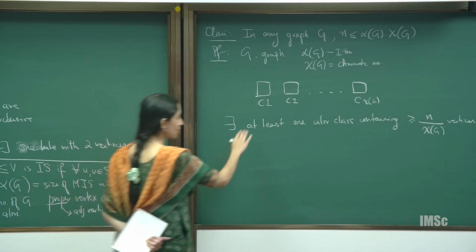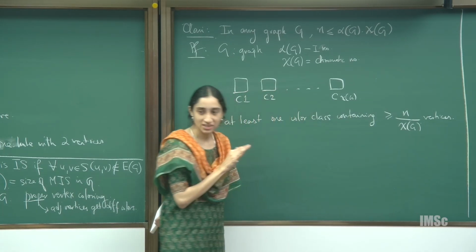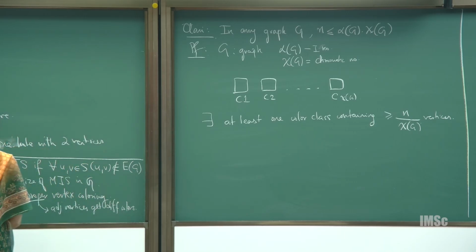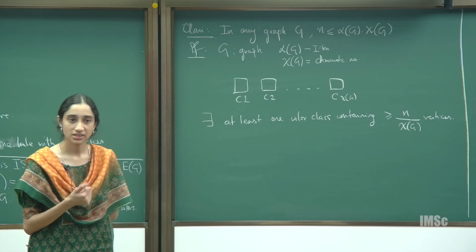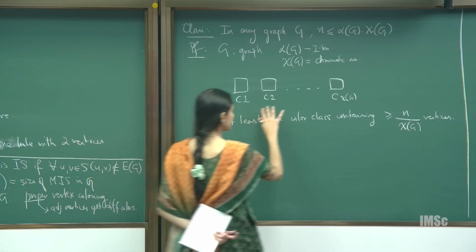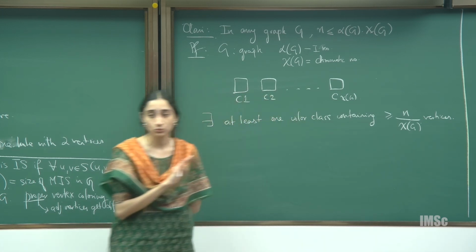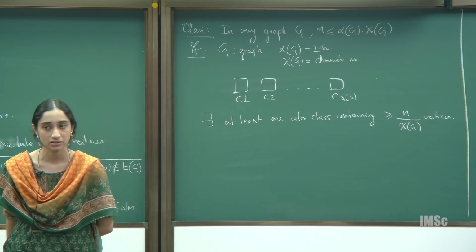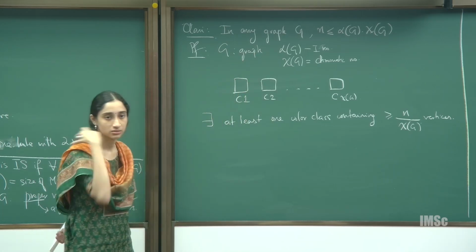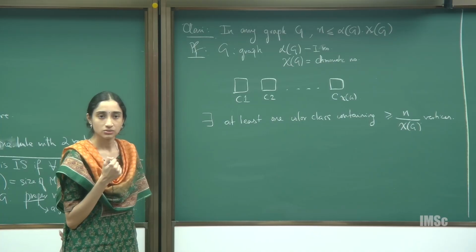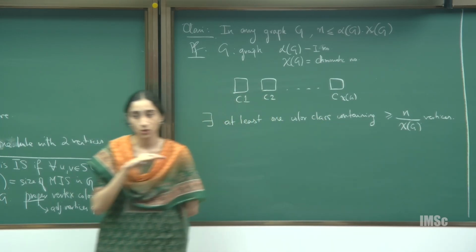If all the boxes actually contained strictly less than n over chi of G many vertices, and there are chi of G many such boxes, the total number of vertices would be strictly less than n, right? So there should be at least one box that contains at least so many vertices. If that is not the case, then you get that the number of vertices in the graph is strictly less than n, but you started with the fact that the number of vertices in G is n. Is that okay? So now you have that there is at least one color class that contains so many vertices. So now what can you say?